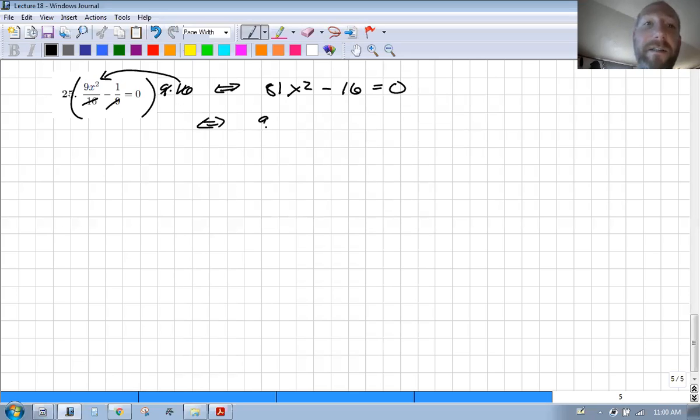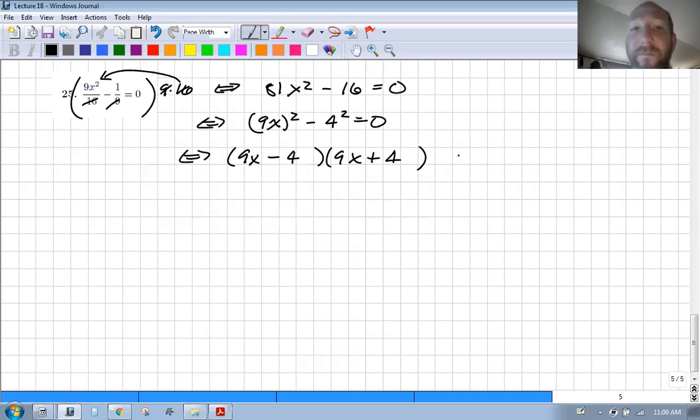This is 9x squared minus 4 squared. So remember your difference of 2 squares: 9x minus 4, 9x plus 4. All right, this gives us our negative 4 squared. This gives us our 9x squared.